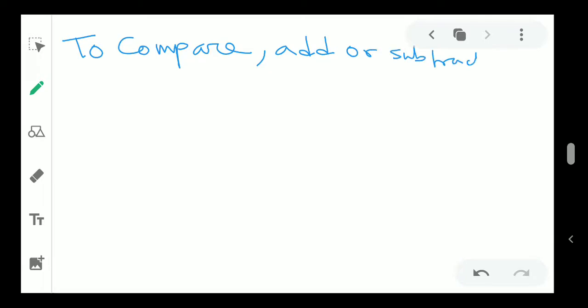So, to compare, to add or subtract, the denominator has to be the same.